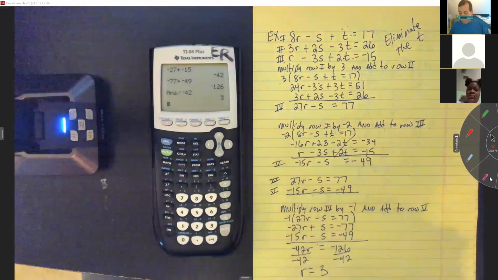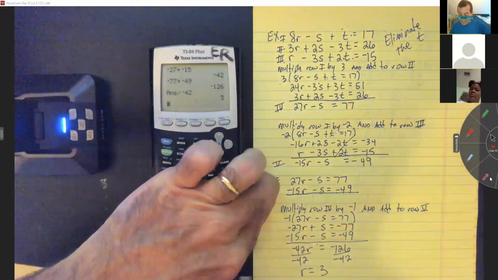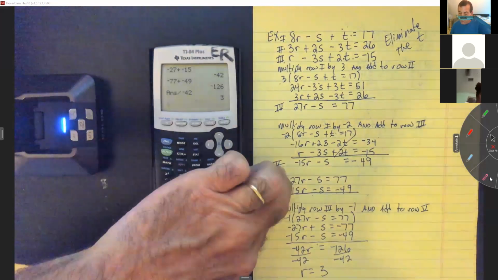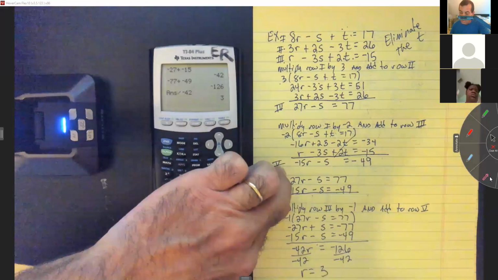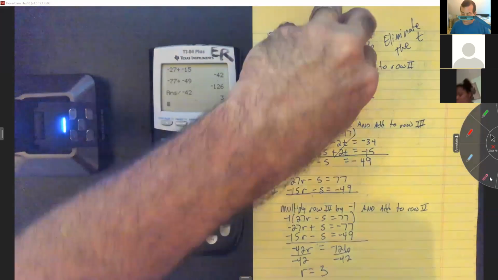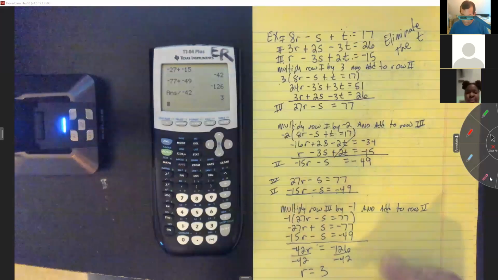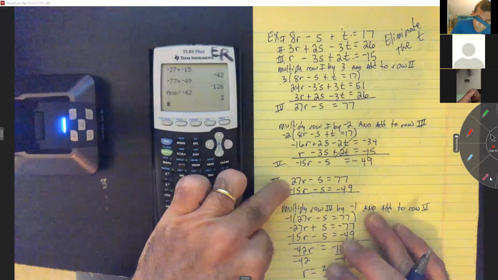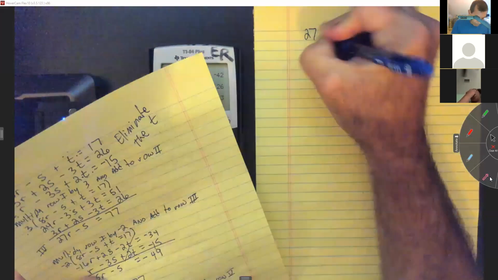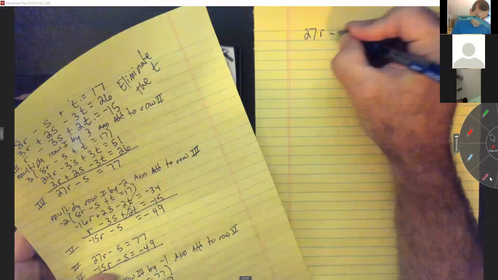So now I know R, I'm going to go back into 4 and 5 and solve for S. Once I know both of those, I'm going to go into 1, 2, or 3 and get the T. I'm going to use this one: 27R minus S has to equal 77.